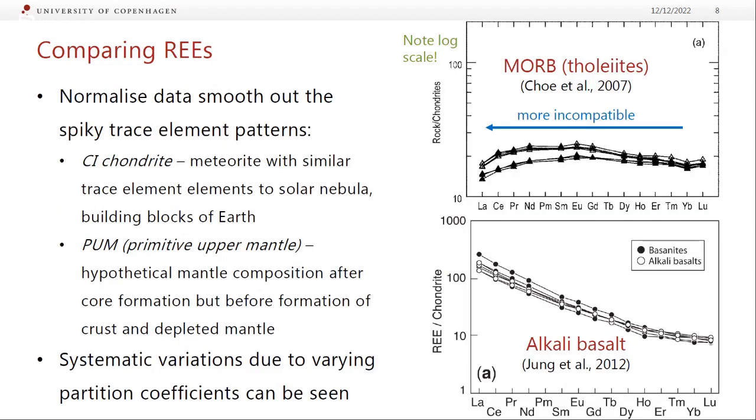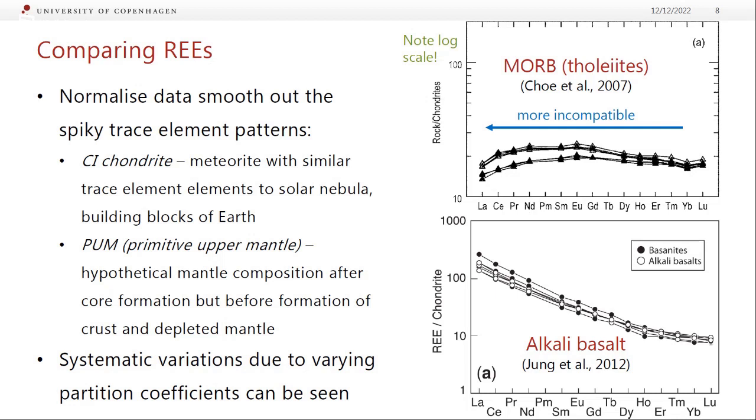The other thing that we can normalize to is something called PUM, or primitive upper mantle. You won't always see this for rare earth element patterns, but you will see it for trace element patterns that we'll talk about next week. This is a hypothetical mantle composition: if you take the overall composition of the Earth and we know how big the core is, we basically remove the core, and that gives us our primitive upper mantle.